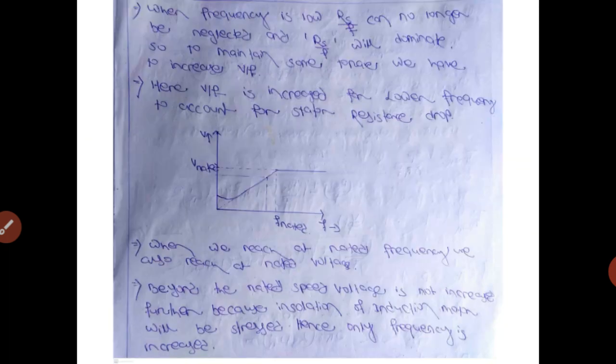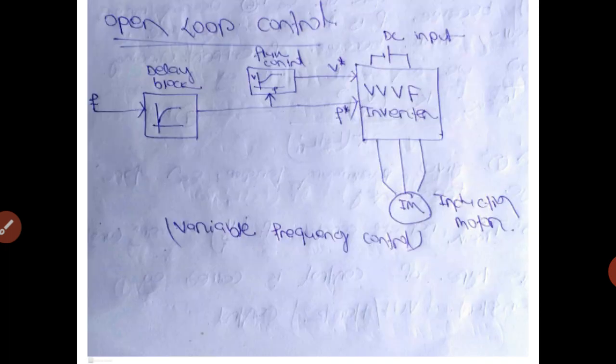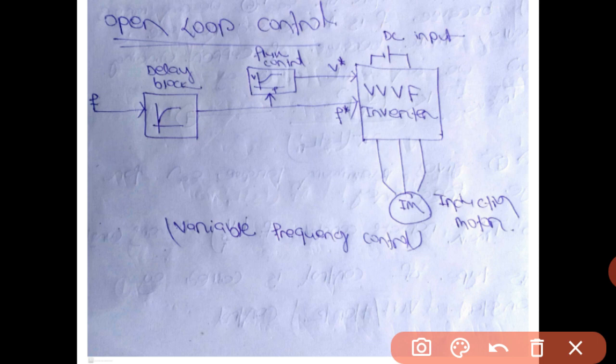So let's see how we implement this in the induction motor. We take an open loop control. Here we give the frequency command to a delay block, and it gives the frequency reference. We also want a voltage reference for the variable voltage variable frequency control.